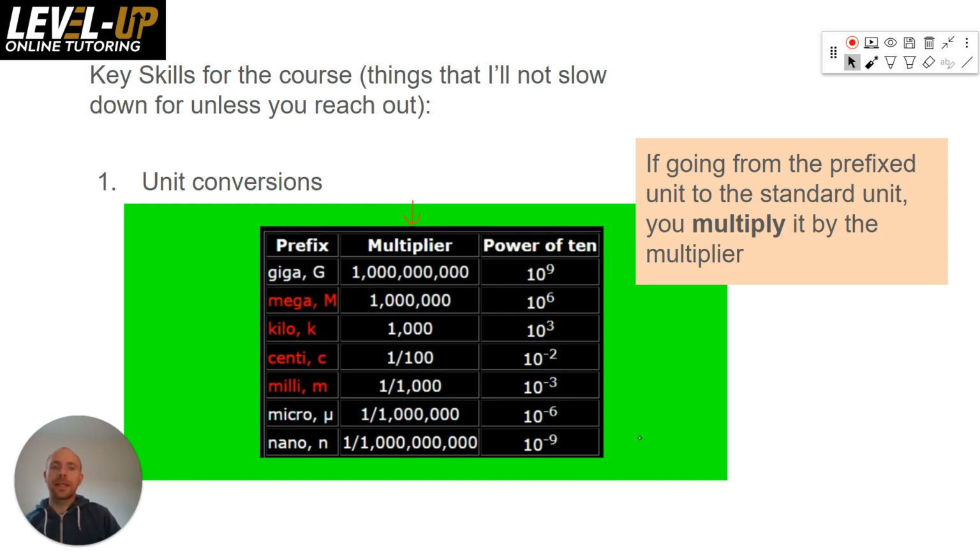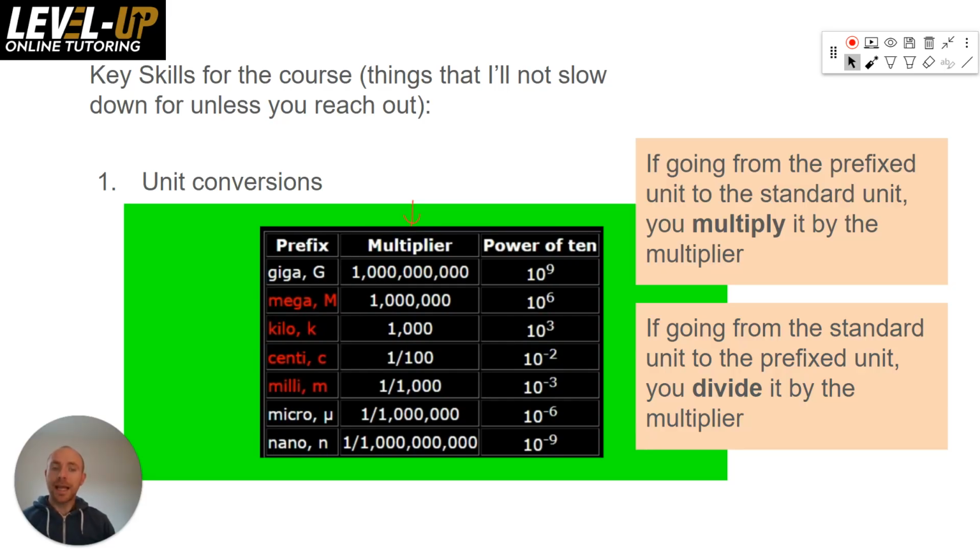If you're going from the standard number to the prefixed number, then you're going to divide it by the multiplier. Now you can usually work out if the number is going to be bigger or smaller, but you might not, and if that's the case, then you will need to learn these rules. But as you get used to it, as you do more practice, you should get better at that.